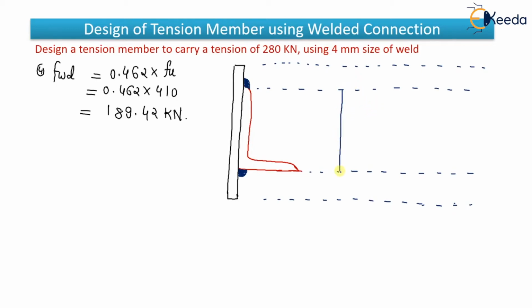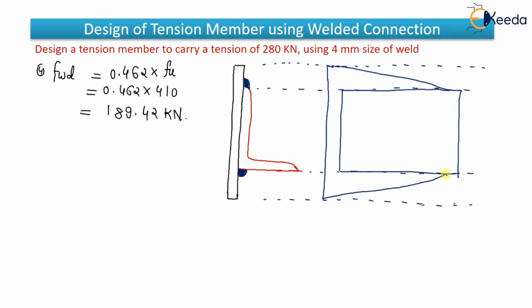Let us assume that this is your angle, and there is a gusset plate over it. This one will be your gusset plate, and this one is your angle.